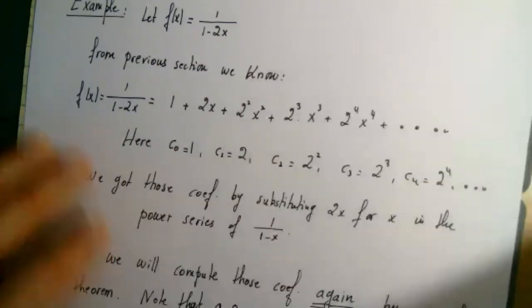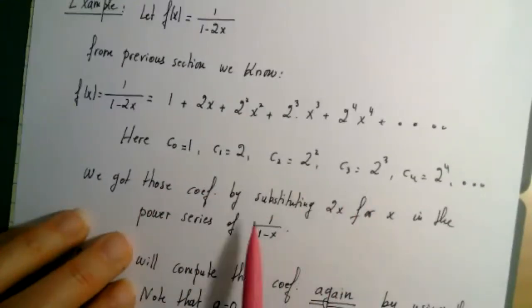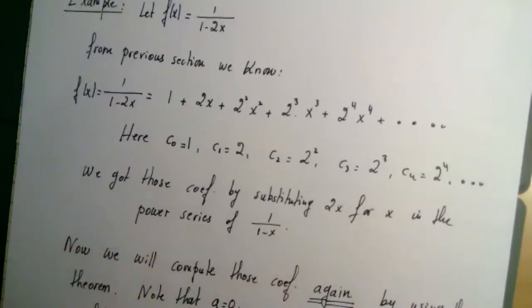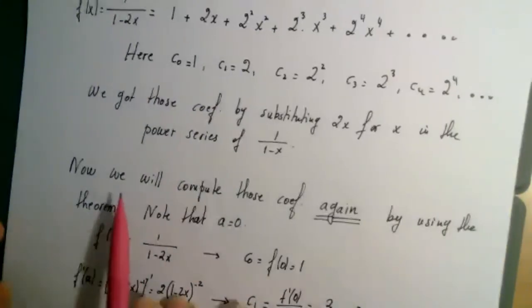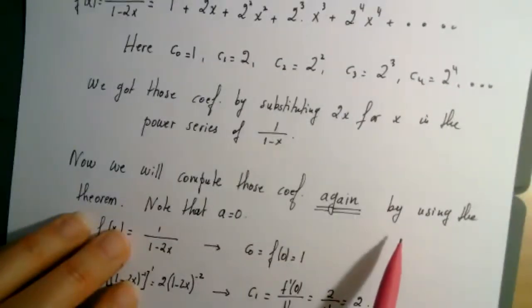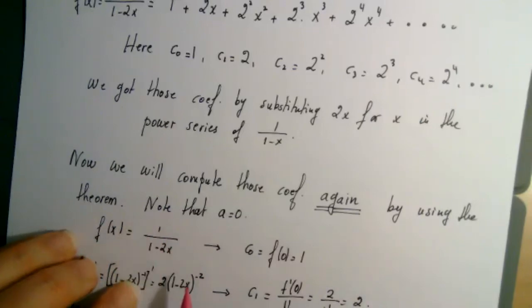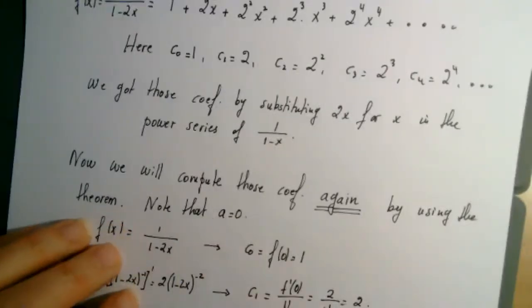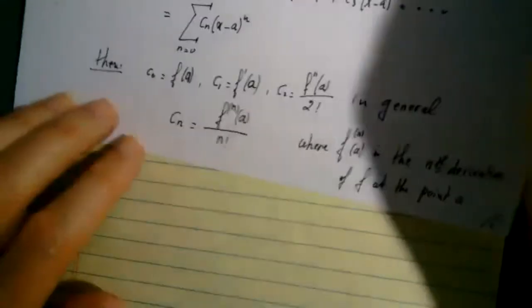Now we got those coefficients basically by substituting 2x for x in the power series of 1 over 1 minus x. Now I'm going to compute those coefficients again by using the theorem, and in my case, a is 0. I'm going to work it out in front of you.